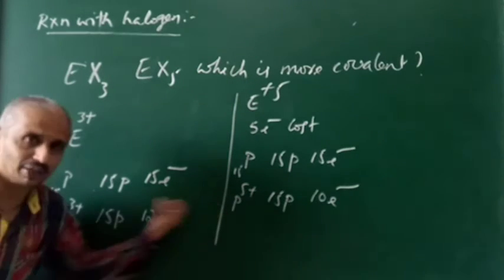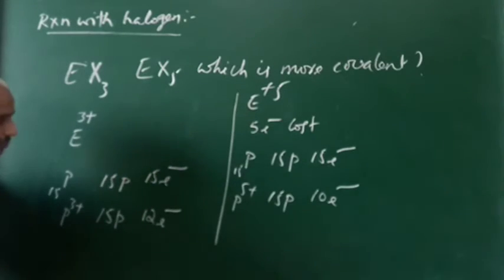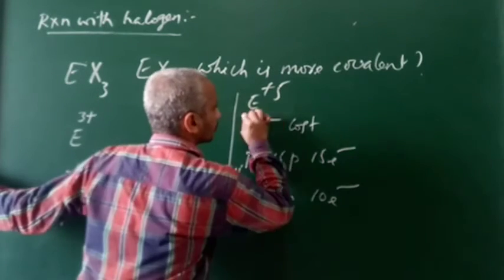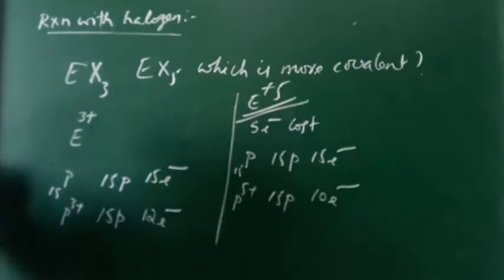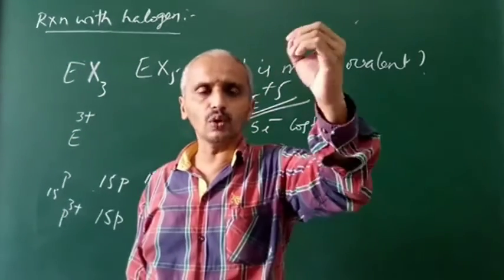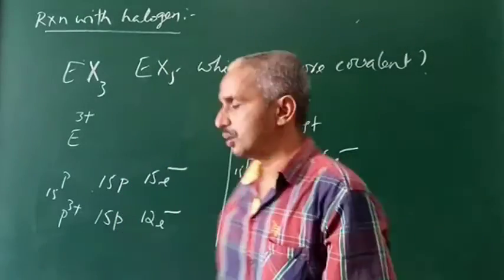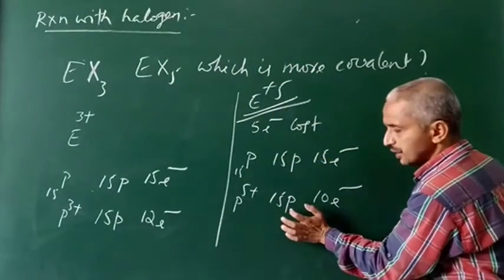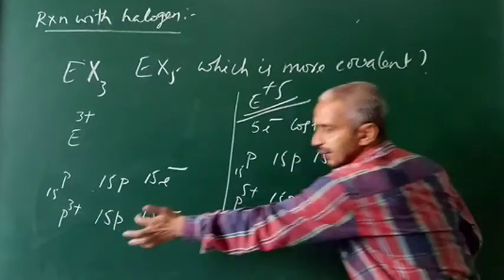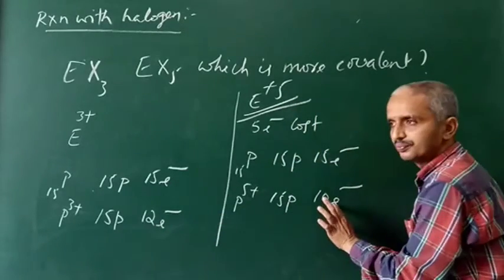So come on, now tell me which is more covalent. This will be more covalent. The E5+ state is more covalent than the E+3 state, because the number of protons is the same but the number of electrons is less, 12 and 10.